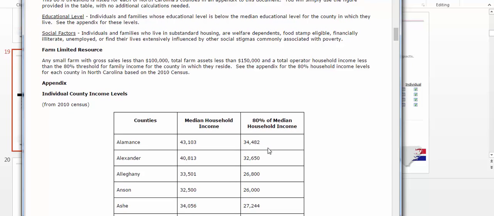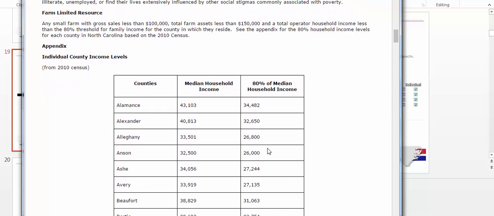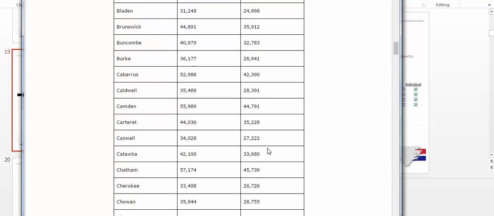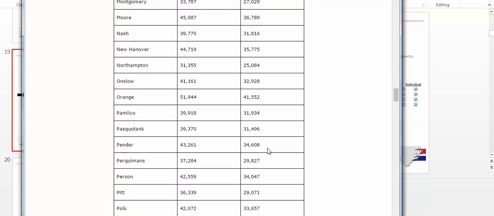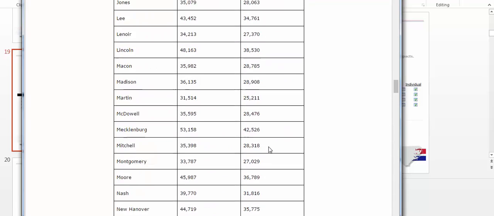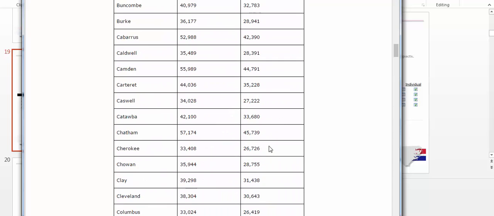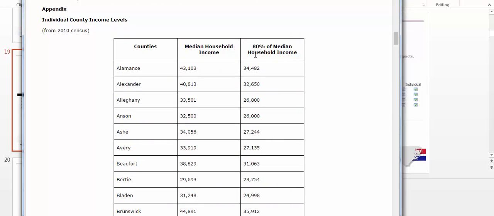And here's the 80% median household income for the various counties. Then you find your county, you can find the median household income and 80% of that income.